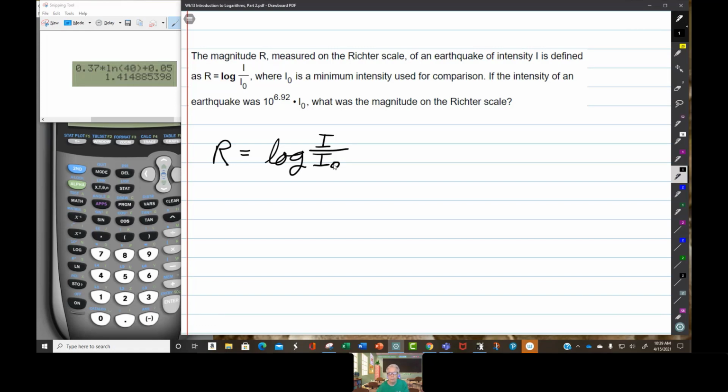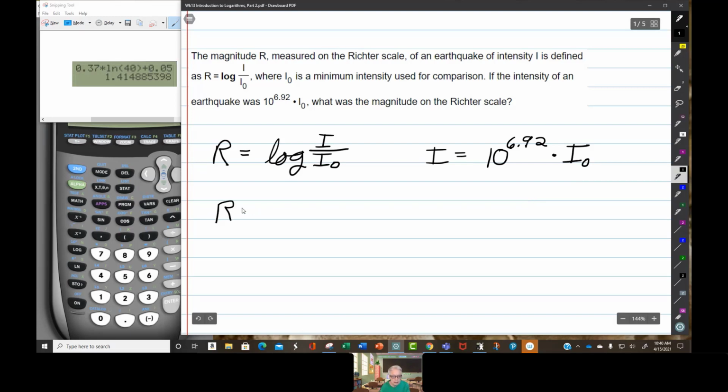Okay, now, if the intensity of the earthquake, so I, if the intensity of the earthquake was 10 raised to the 6.92 times the I sub 0 or I naught, what was the magnitude on the Richter scale? Well, let's find out.